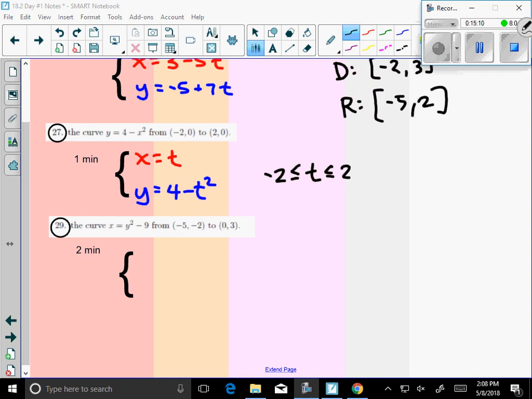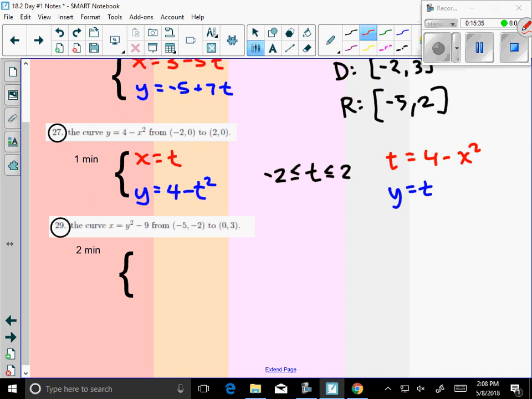All right, so let's say you're not quite sure what to do, and you're like, you know what I'm going to do? I'm going to set y equal to t. Okay, well, that's fine. But then what you do to yourself is you create more work to solve for x.